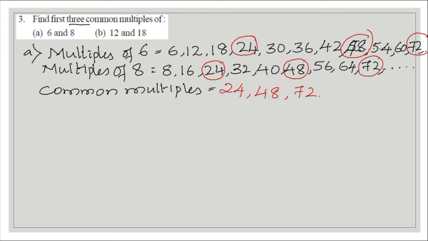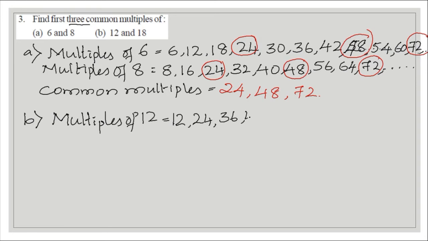Let us do the second one in the same manner. Second one, we need to find the multiples of 12 and 18. So first let me write the multiples of 12. The multiples of 12 are 12, 24, 36, 48, 60, 72, 84, 96, 108, 120 and so on.